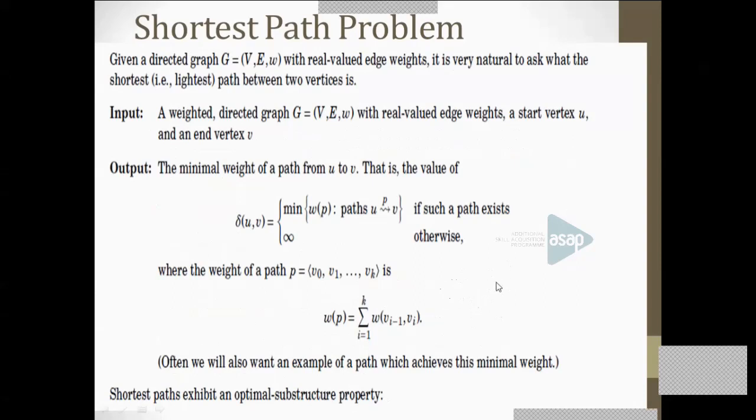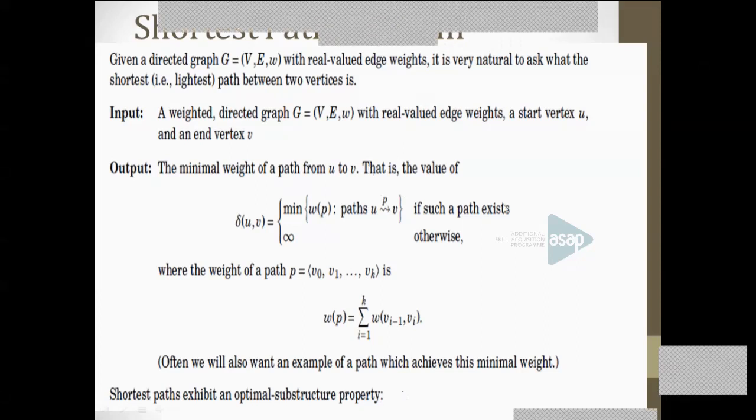One is V1, V2, V3. Another is V1, V4, V3. Another is V1, V5, V3. Assume that V1, V4, V3 is the shortest path. Then V1 to V4 is also going to be a shortest path. That is the optimal substructure property. If the final path is optimal, then each subpath is also going to be optimal.